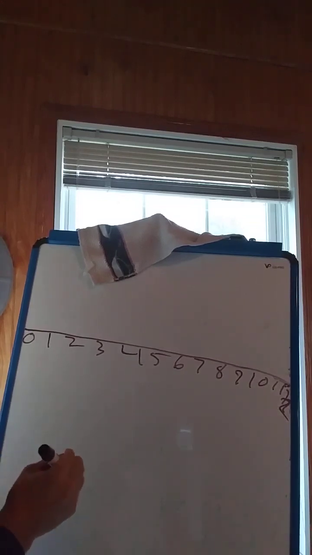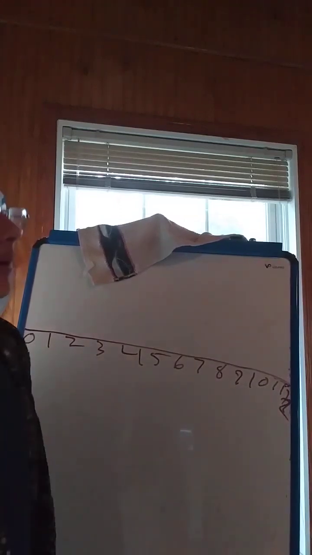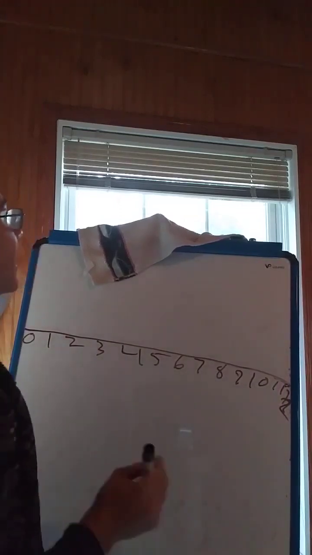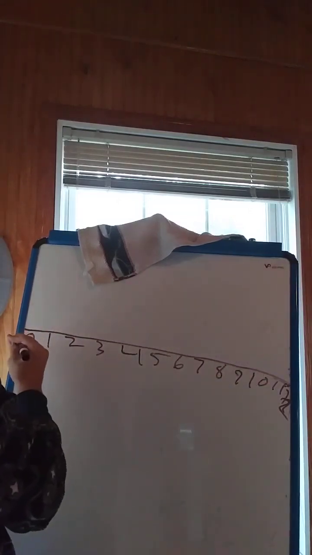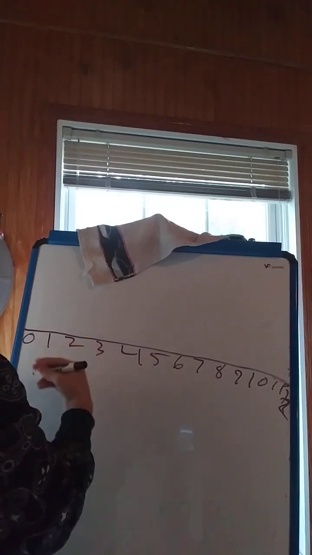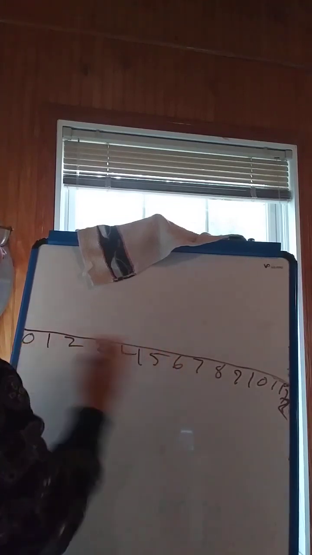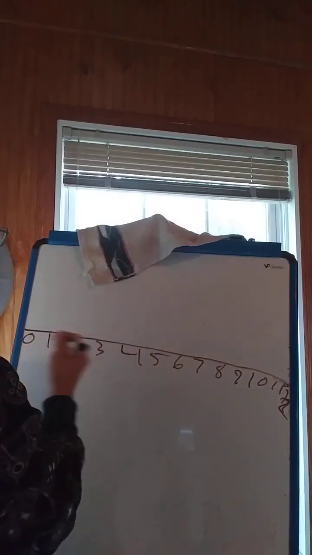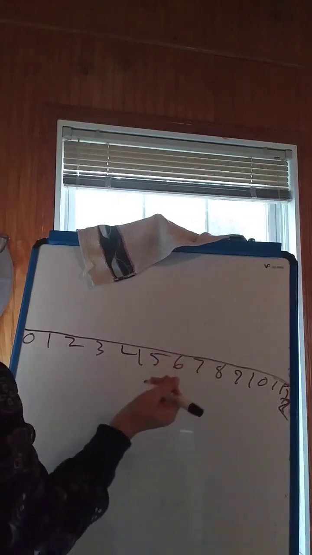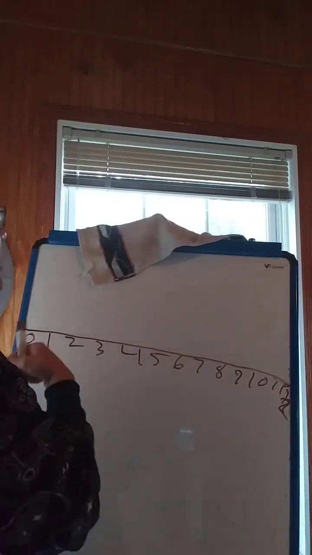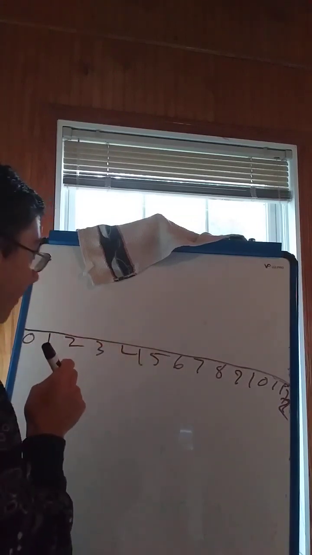And a number is bigger than another number if it is a further distance away from 0. So 2 is only 2 places away, and 5 is only 5 places away from 0. You start by counting to the number to the right, in this case, and then count how many places up to that number, including the number itself.